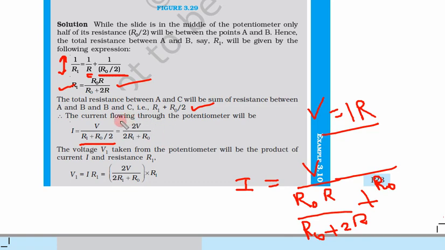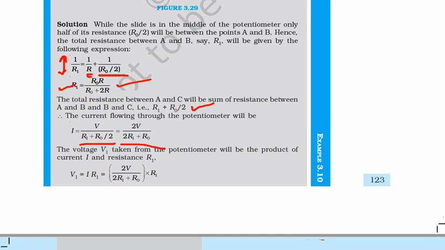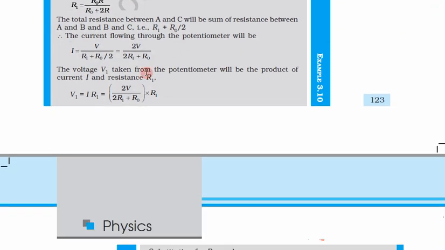After solving this, we get 2V upon 2R1 plus R0, once we start solving and putting the value of this R1 into this. So we put the values here. So the voltage V1 taken from the potentiometer will be the product of current I and resistance R1. So let us take the first voltage.